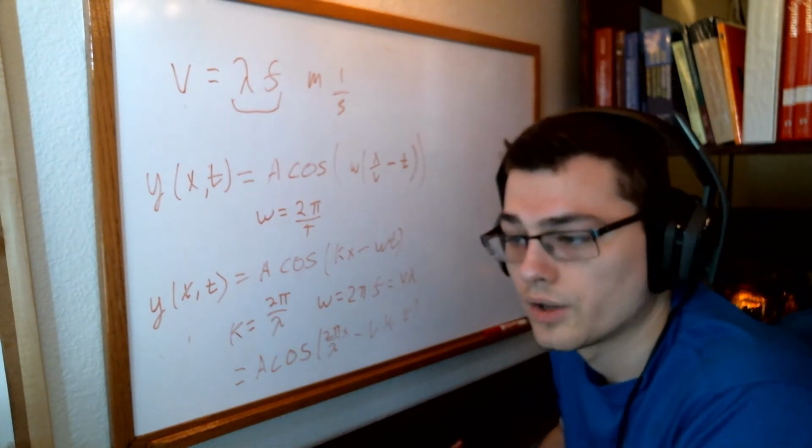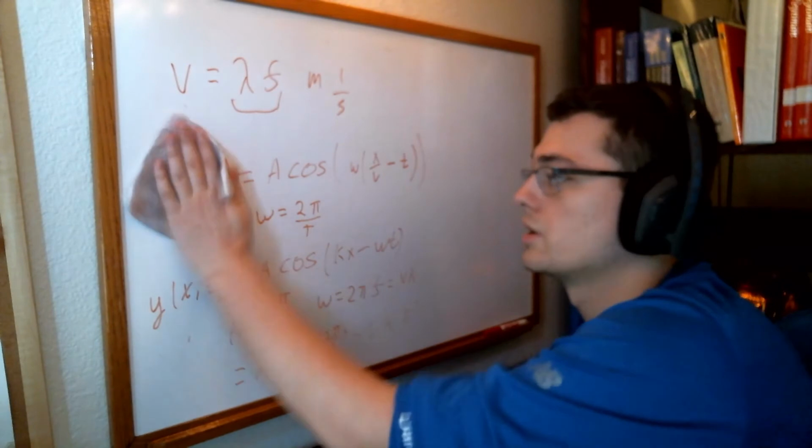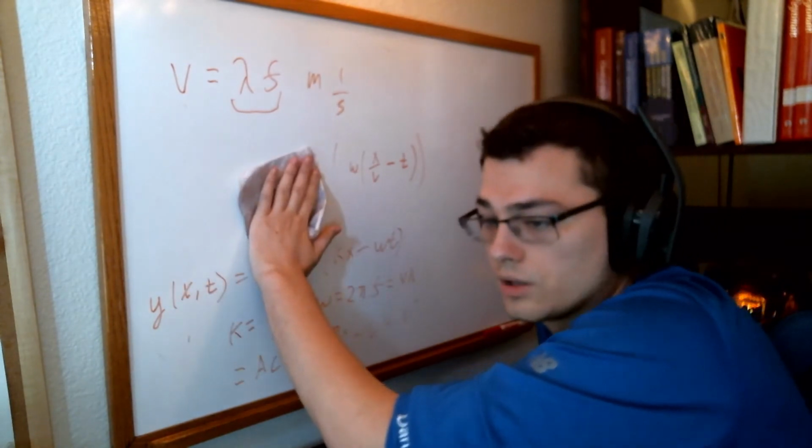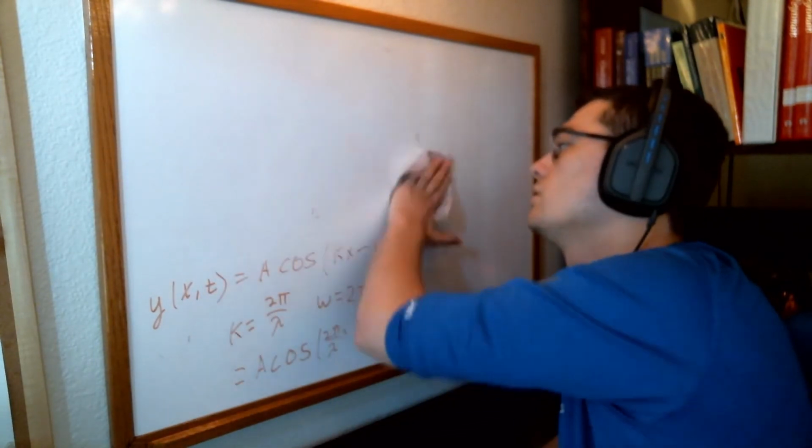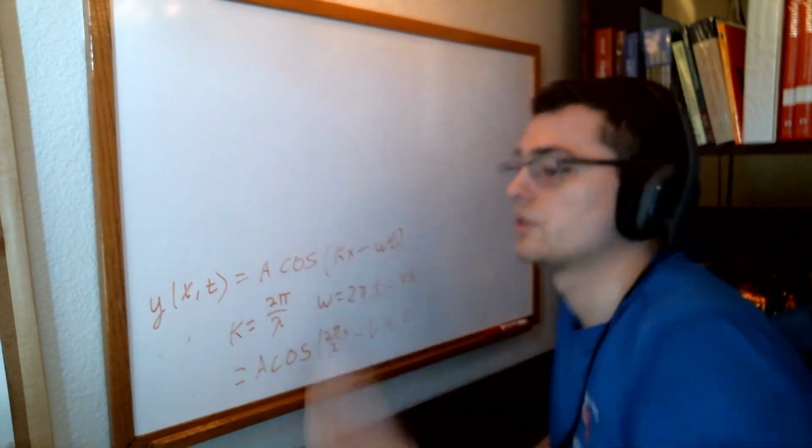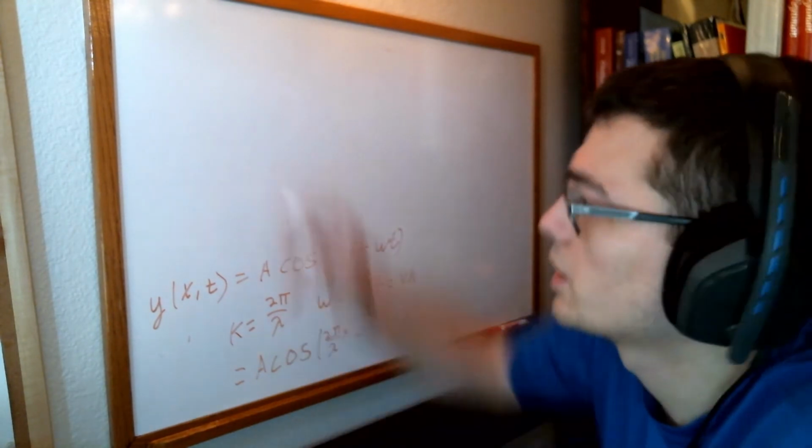Another thing we're going to see is that we're going to end up wanting the wave equation. This is going to be another useful formula, so I'm just picking out the formulas here.